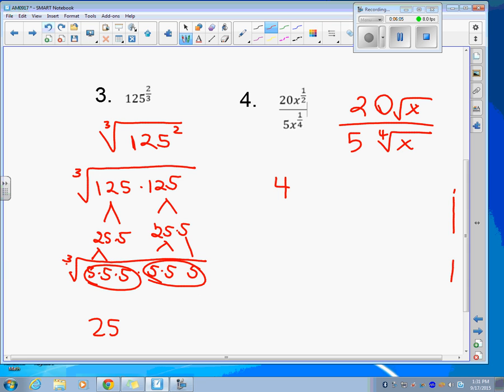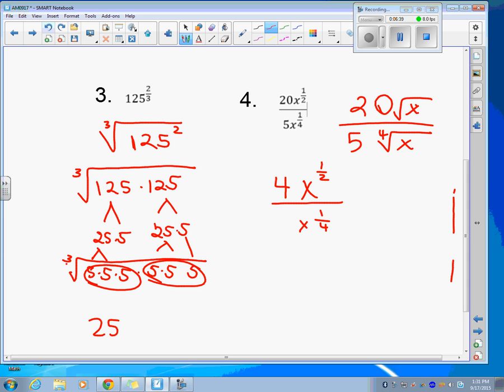But now I have 4, and I'm going to leave this now as x to the 1/2, divided by x to the 1/4. And the reason I'm going to put that using the base and a rational exponent is so that I can use the laws of exponents to simplify this. Does everybody understand where the 4 came from?